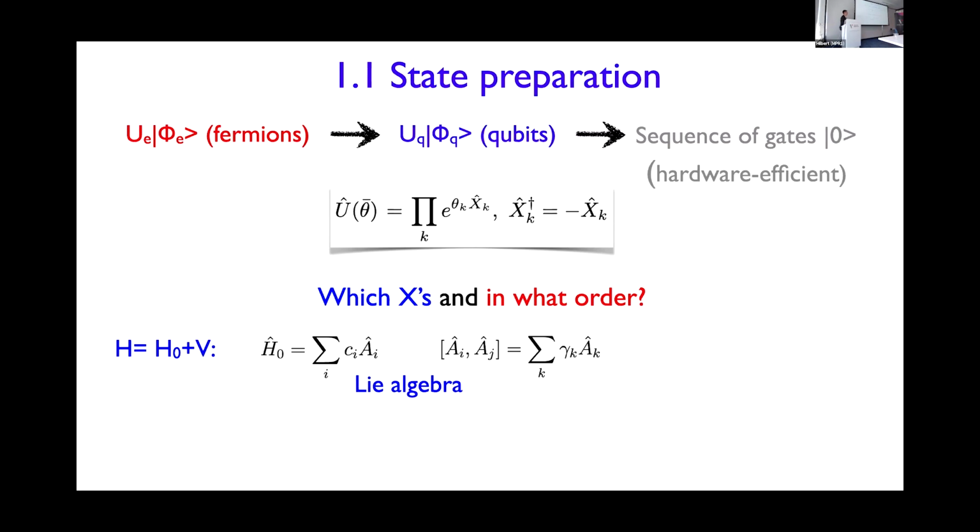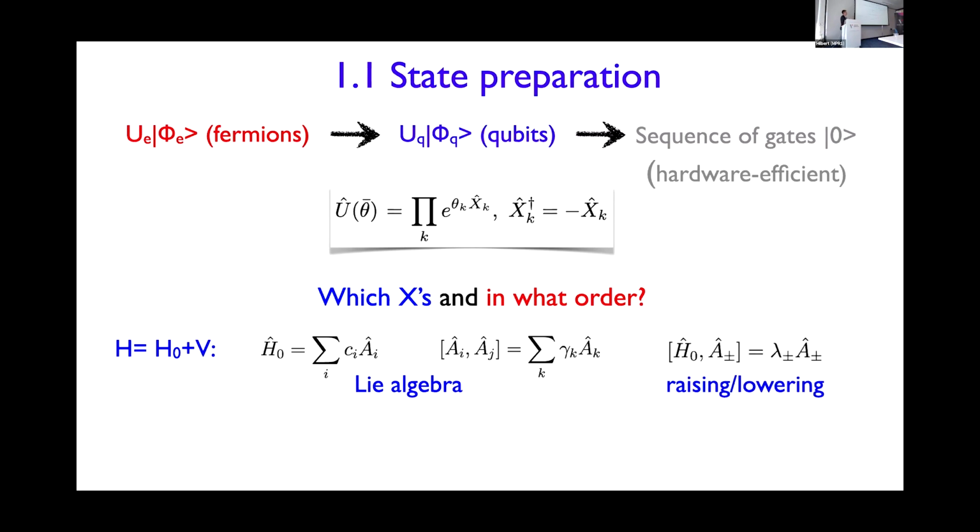That is called a Lie algebra in the mathematical language, and it turns out that you can use this closure of non-commutativity in order to solve for the eigenvalues of H0. And once you solve for H0, you can use excited states of H0 to build the ground state of H. So that's the idea.